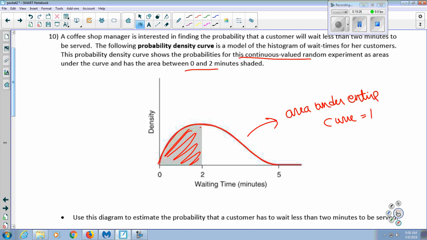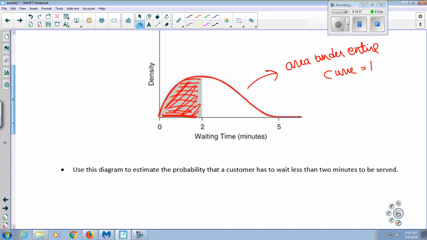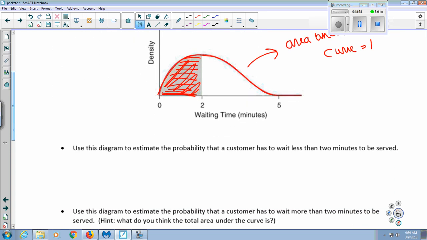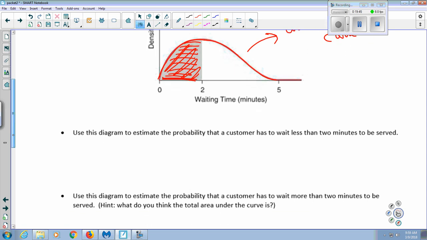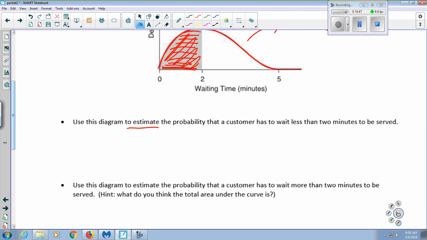And so we want to estimate what's this area here, because we only want to know what's the probability of waiting between 0 and 2 minutes. You can see that we don't really have a great way of doing this. Finding areas under curves like this would actually use calculus to do that, something we're not going to be doing. So here we're just going to be estimating that.